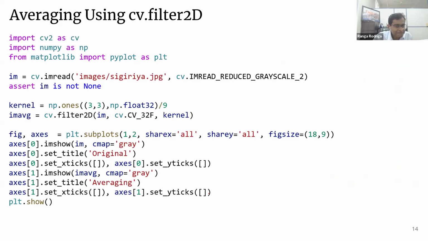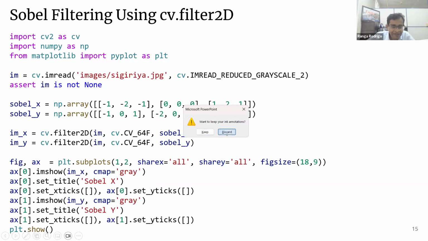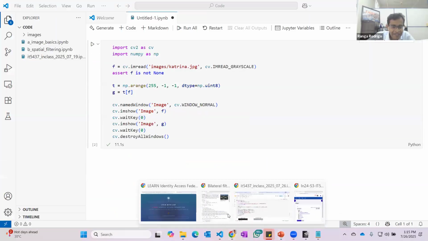So let's write that. This is the averaging kernel, 1/9s. All right, so I will do that in Colab.